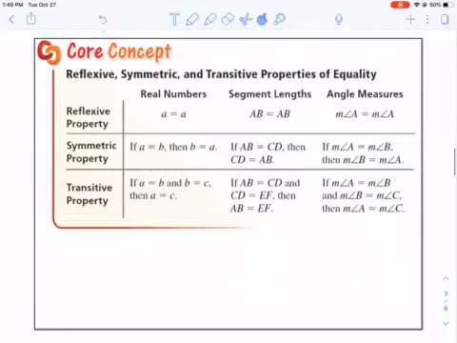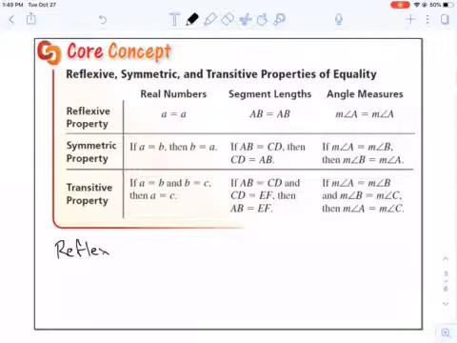Okay, so we're going to look at some new stuff today. We've got 3 new properties: reflexive, symmetric, and transitive. Now we're going to see these properties a lot over the next few weeks as we learn to do proofs, so we need to talk about these. We can use reflexive if we want to prove that something is equal to itself.